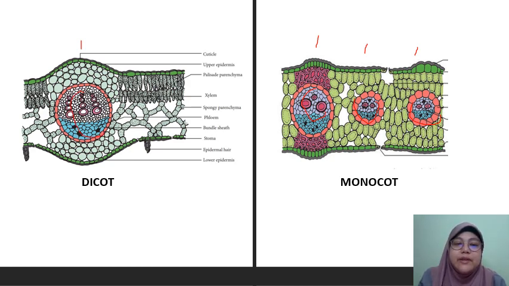In terms of intercellular spaces, you can see dicots have large intercellular spaces, while monocots have smaller intercellular spaces. In terms of stomata, dicots have mostly the stomata in the lower surface, while monocots have both upper and lower surface of the leaf.